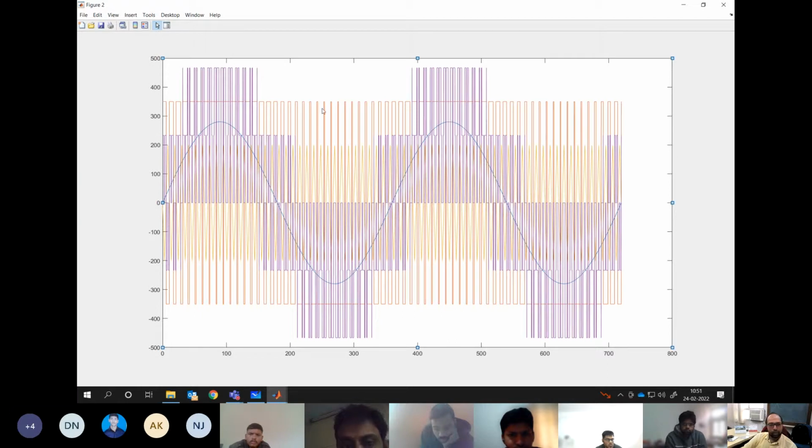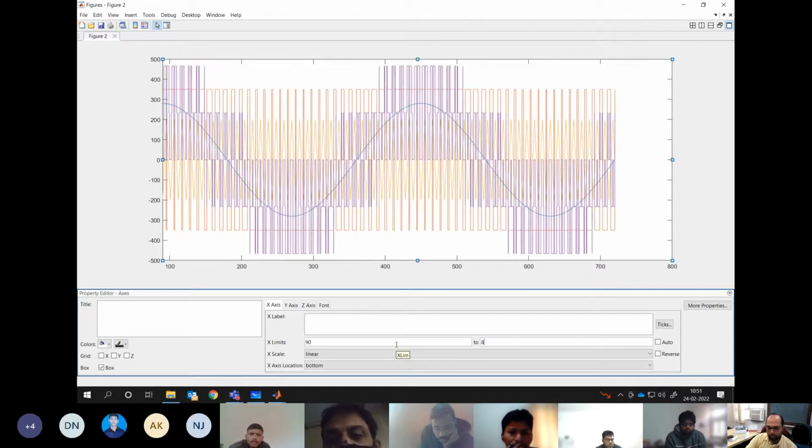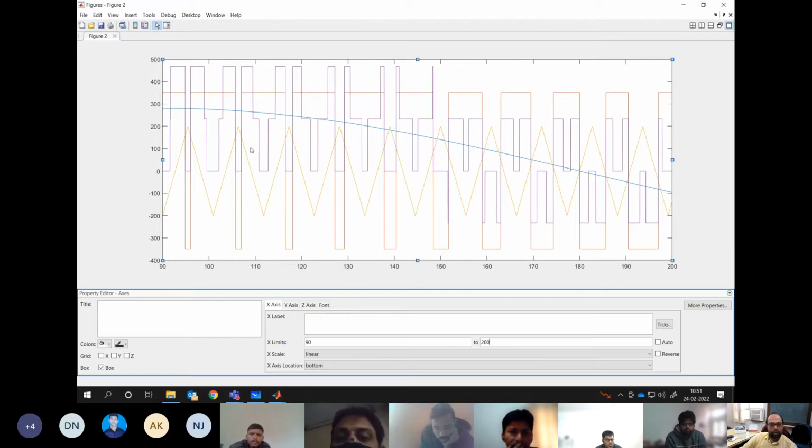Okay, if I zoom this section, see here, so near 90, what we are seeing that there is voltage level corresponding to 2 VDC by 3, VDC by 3 and 0.